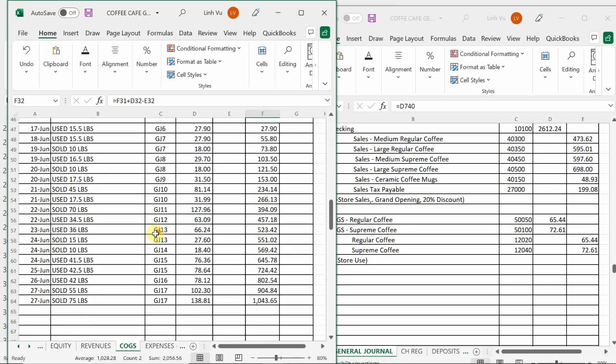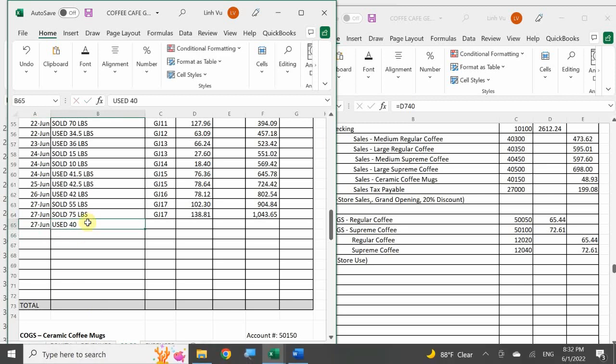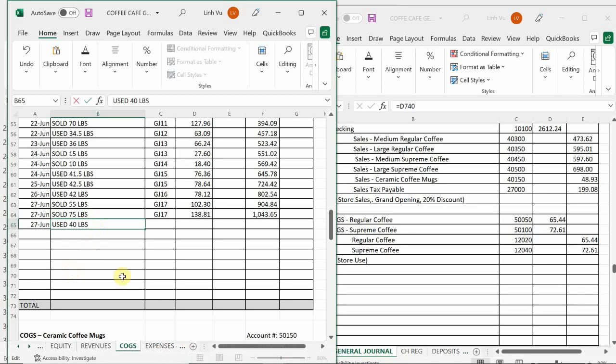And now I also have to update my Supreme coffee because I too also end up using 40 pounds for a total of $72.61. So that should increase your value by $1,116.26.